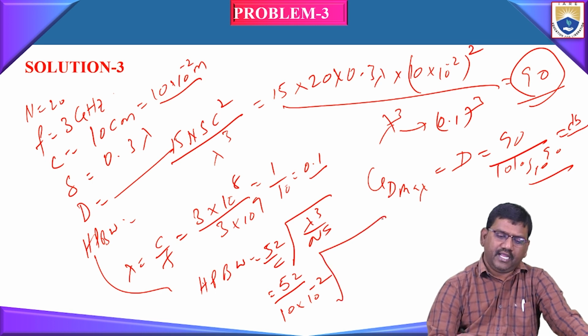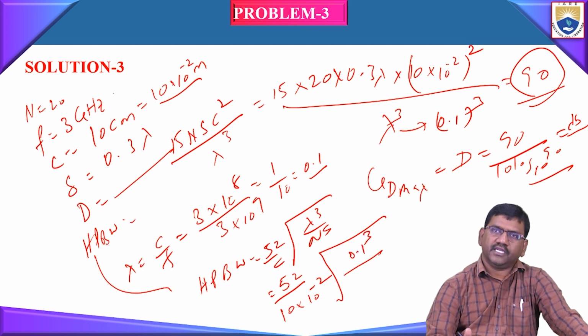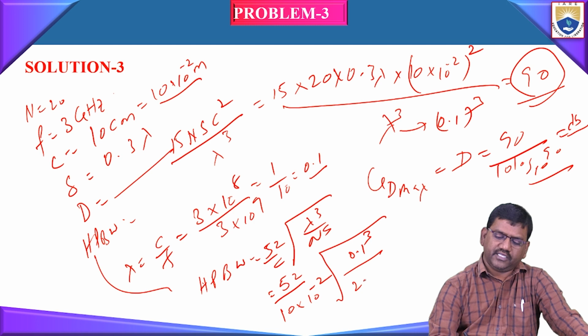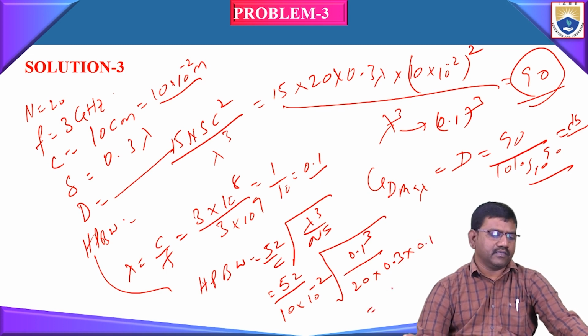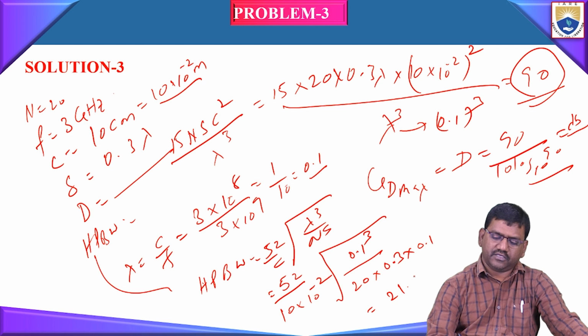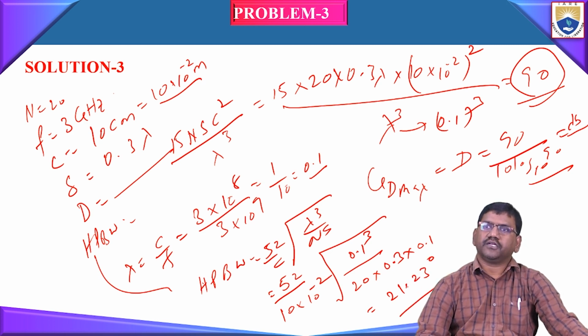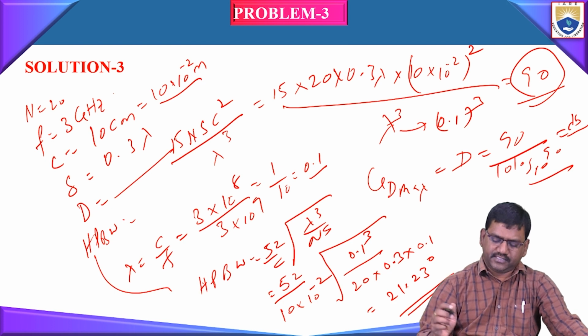Lambda is 0.1, so 0.1 whole cubed divided by N S. N means 20 here, the number of turns. The spacing is given as 0.3 lambda, that is 0.3 into the lambda value 0.1. If you substitute and simplify, you will get 21.23 degrees.